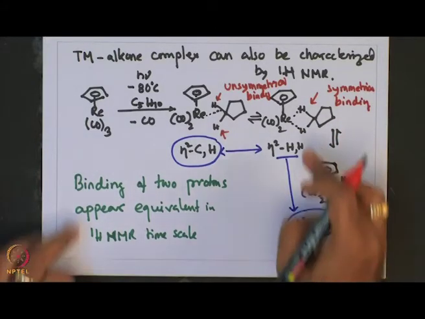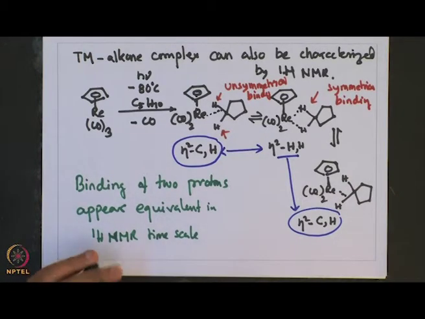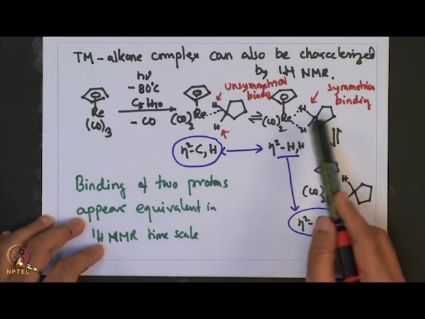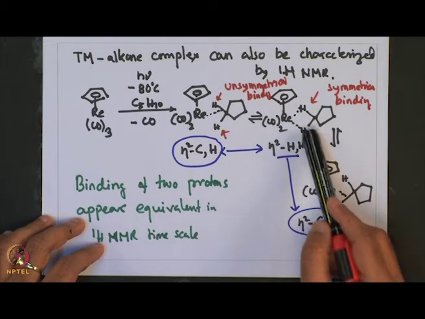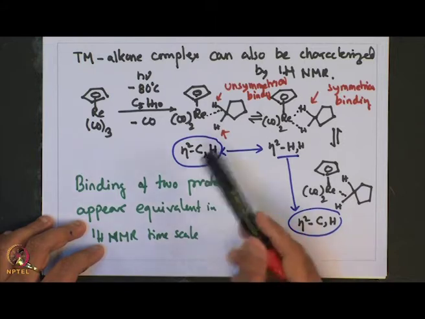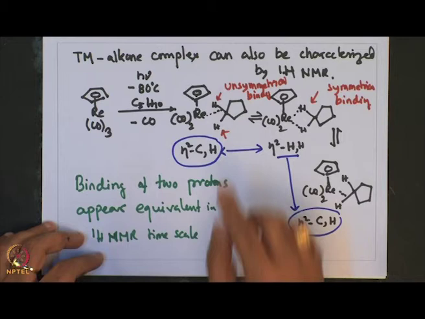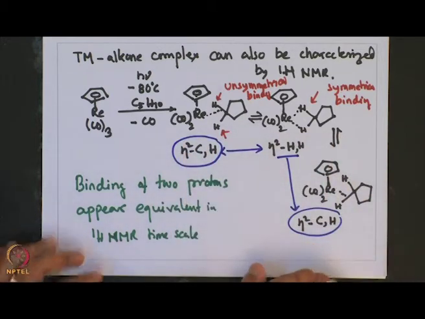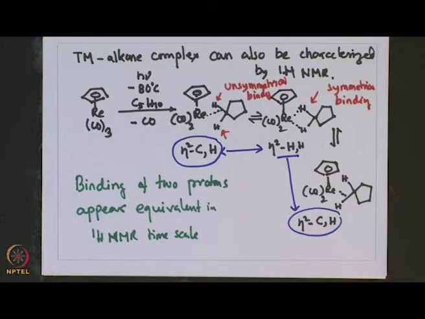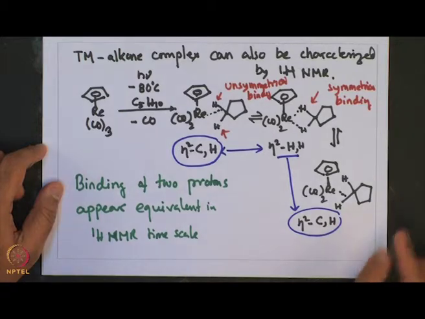And a symmetrical binding would predict a single proton resonance for the two hydrogens, whereas the unsymmetrical binding would predict two different resonances for these two hydrogens. But as this exchange is very rapid, only one set of resonances appears in the NMR time scale.